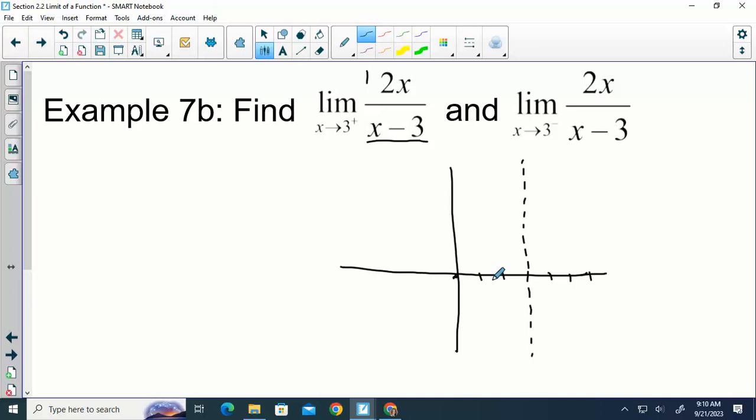Alright. So what's your graph look like? Something like this on that side and like this on the other side.